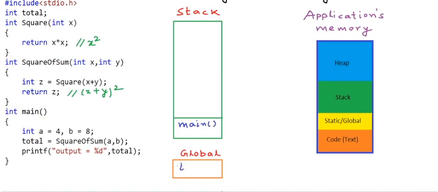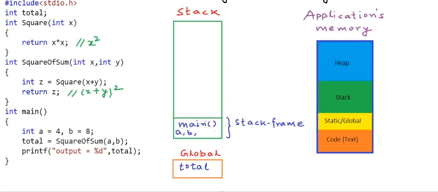And this total is a global variable, so it should sit in this section. The amount of memory allocated on the stack for execution of main can also be called the stack frame for the method main. All the local variables, arguments, and the information about where this function should return back to, all this information is stored within this stack frame.